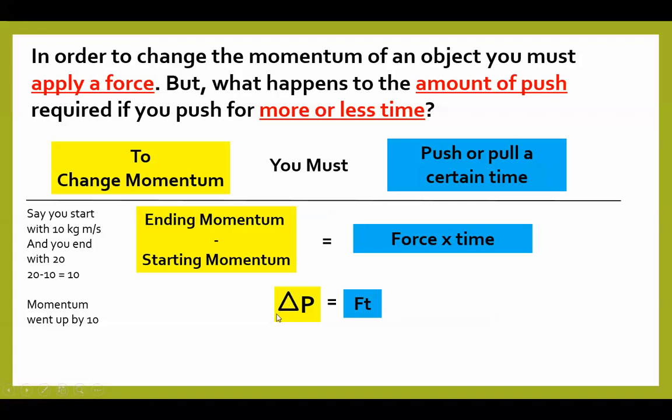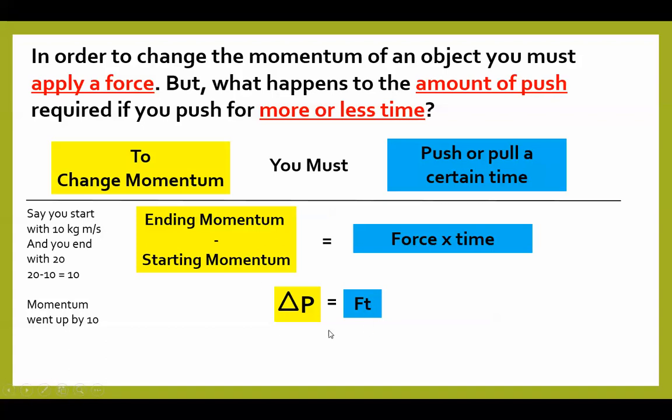All it means is the change. So if you say delta P, that means the change in momentum. Remember, we use a P for momentum. So that's the left side, the yellow side of this equation. Change in momentum equals how hard you push on it, the force, for how long you push on it, the time. So this is our equation. Delta P equals F times T.